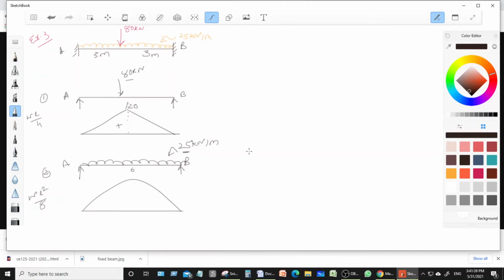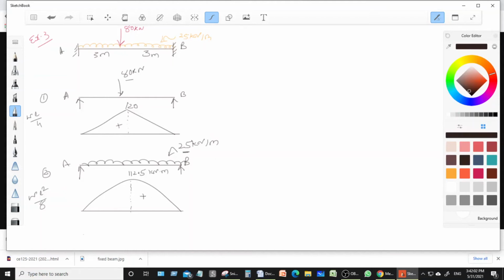So the mid-span coordinate for the UDL load is 112.5 kilonewton meter, and it is positive.